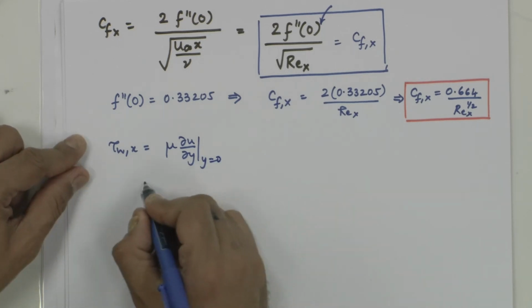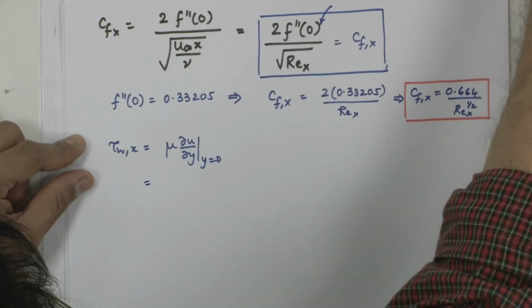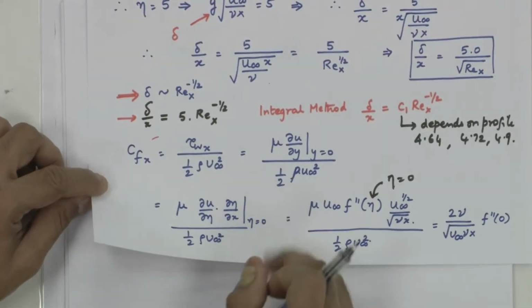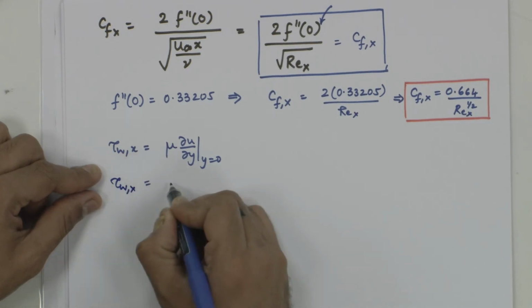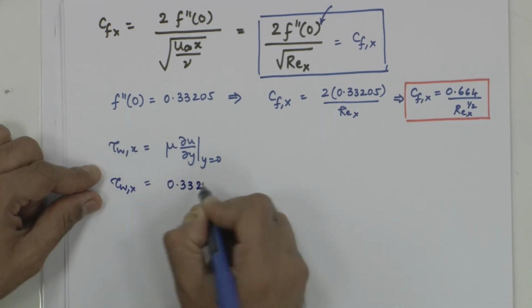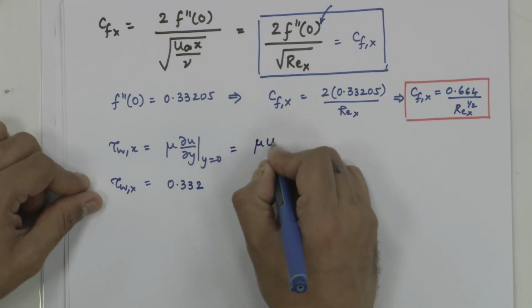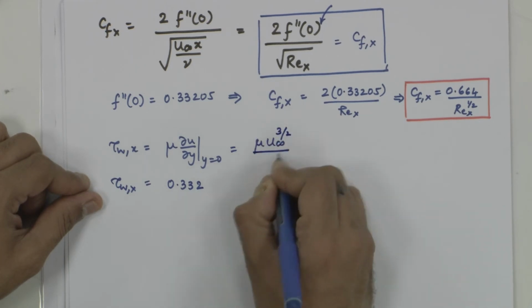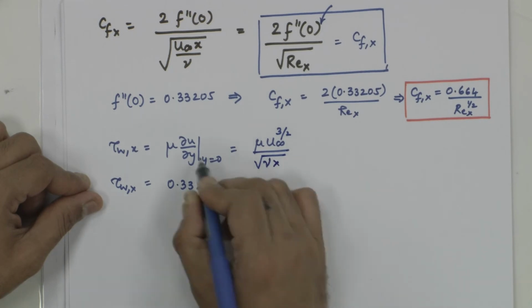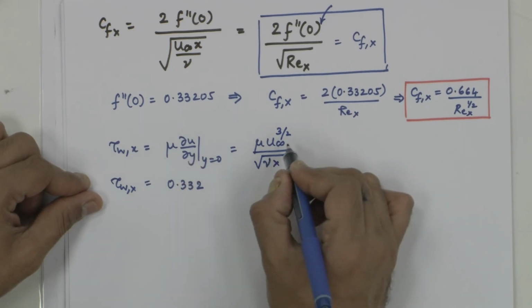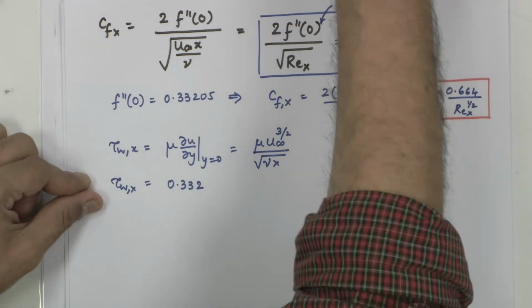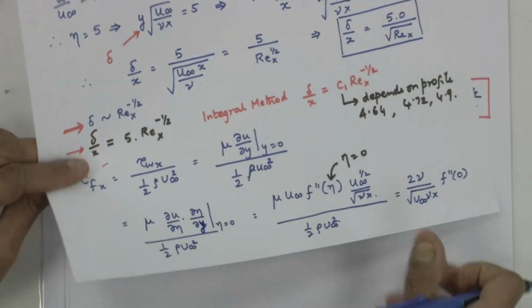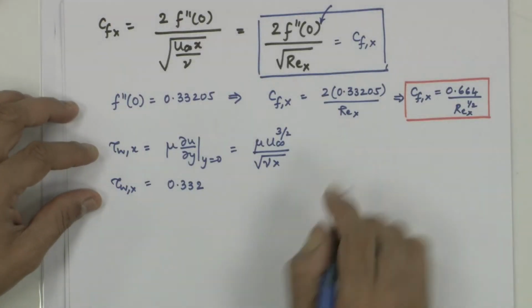You substitute exactly like before, du by d eta times d eta by dy, d eta by dx, and you end up getting tau wall of x is 0.332, this is mu u infinity raised to 3 by 2, this is just maths.